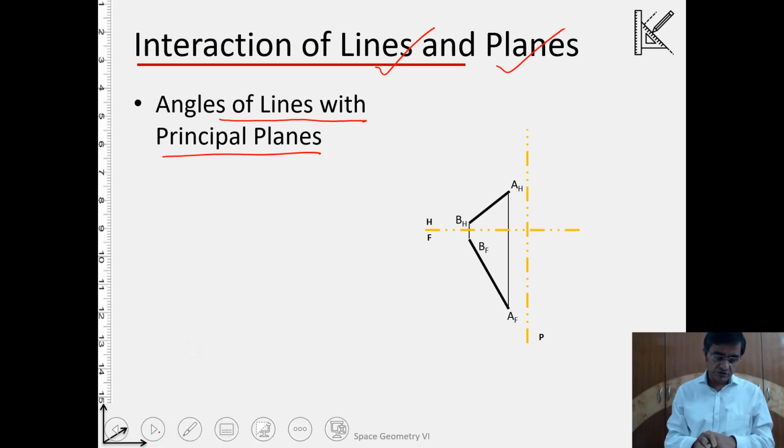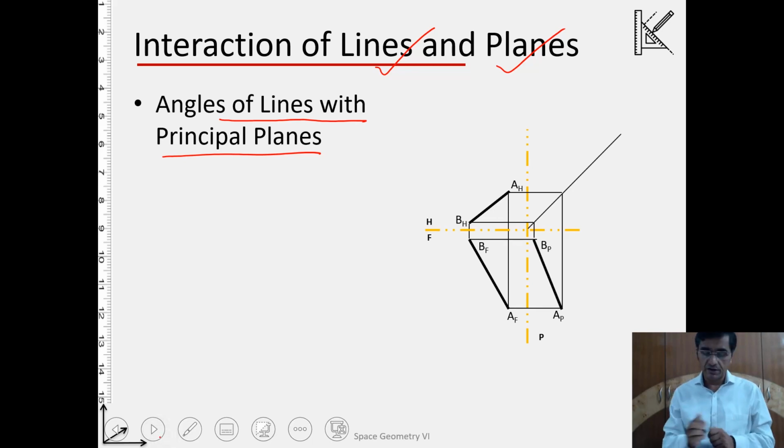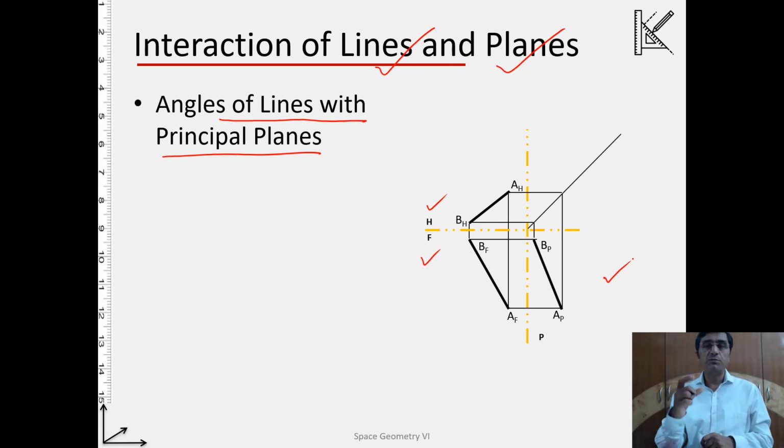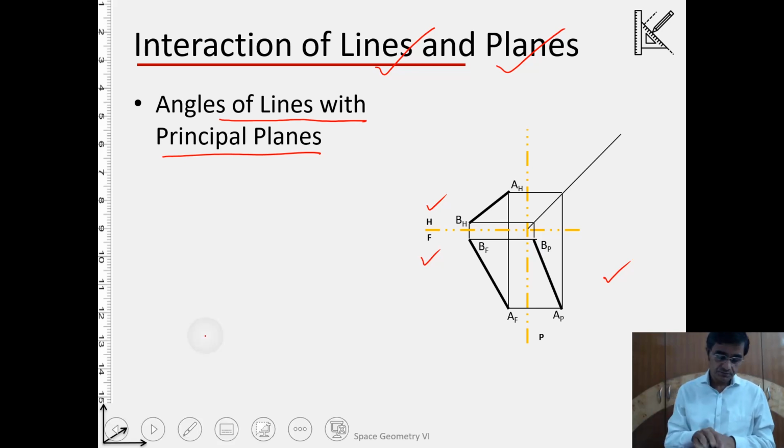And in the case of the principal planes, we will start one by one and we'll solve this problem. Let we have a line, and you know what I'm representing here. So we have the frontal view, horizontal view, and we have the profile view. And look at the notations also. AF, BF, line AB projected onto the frontal, AH, BH, projection onto the horizontal, and so on.